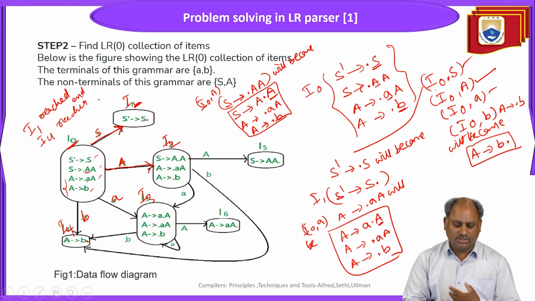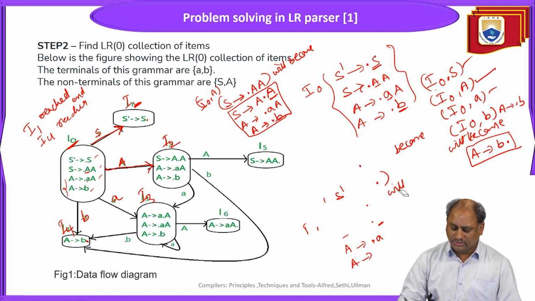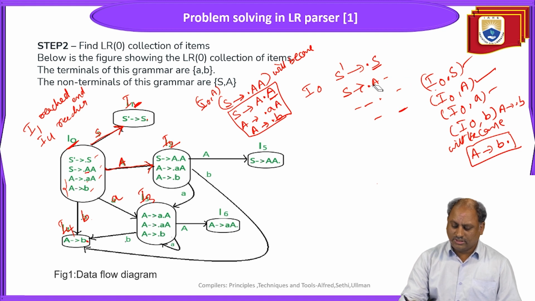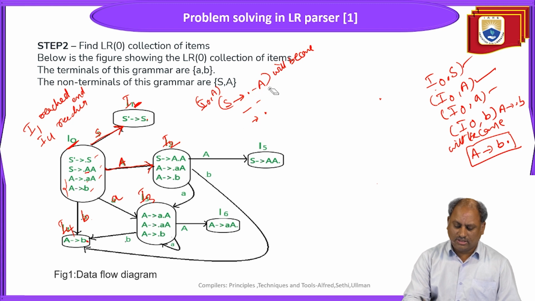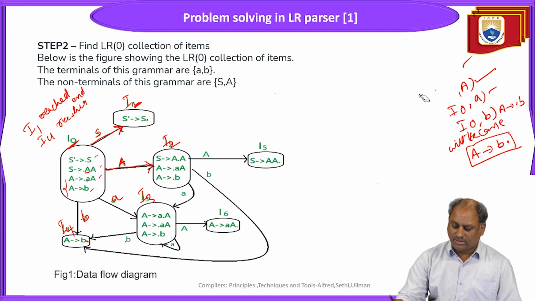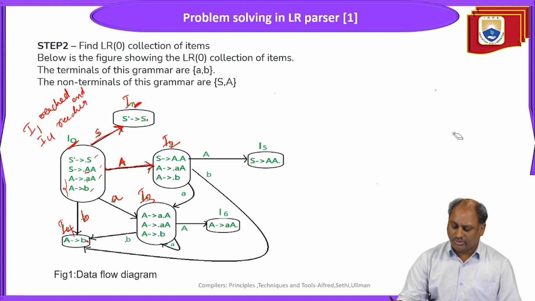So which states can still have the closure operation applied? Once again we have to process the remaining two states, I2 and I3, which can still be improved by applying the dot operation one more step ahead, so that it leads to the end point.